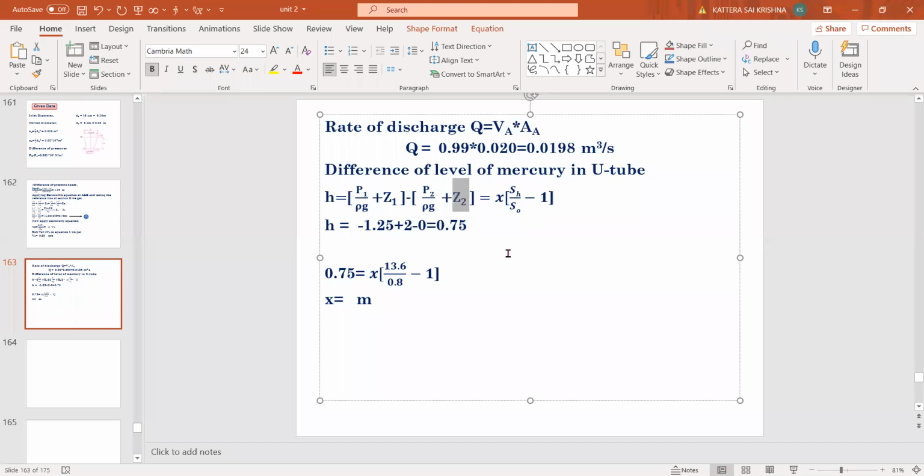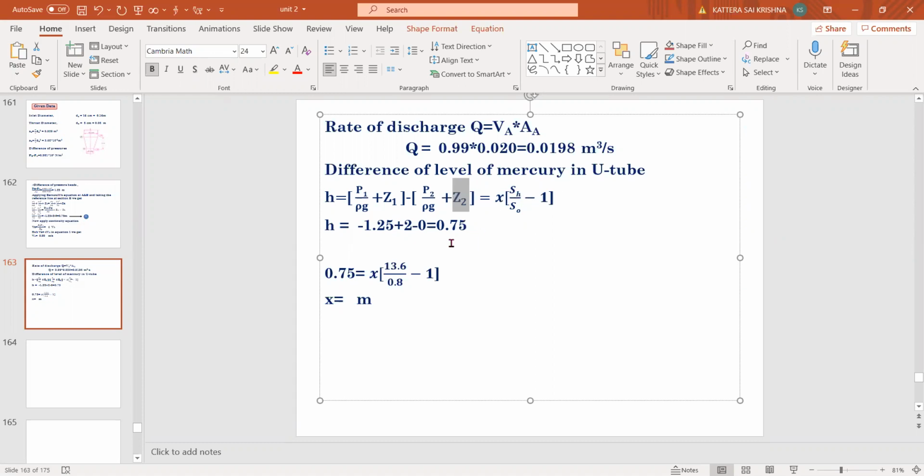If it is a vertical or inclined pipe, you get the plus Z1 and Z2 terms. So first we calculate H, the pressure head difference: H equal to P1 by rho g plus Z1 minus P2 by rho g plus Z2, which is also equal to X into SH by S naught minus 1.